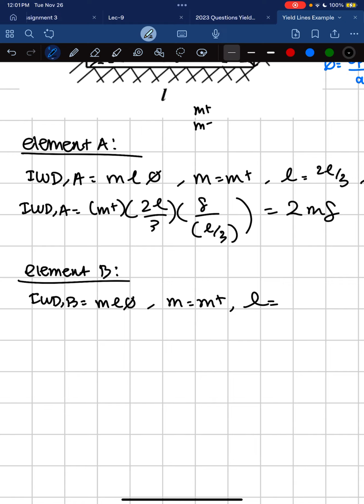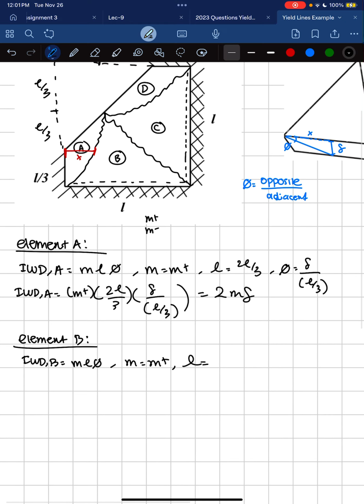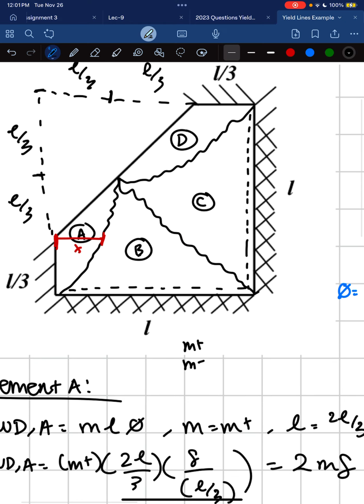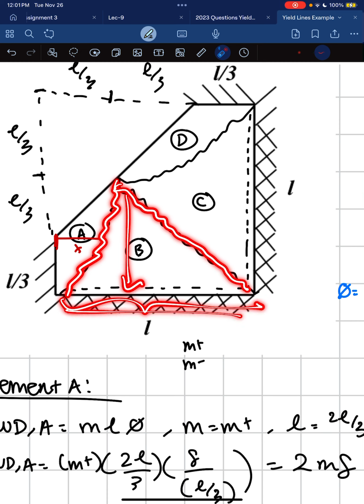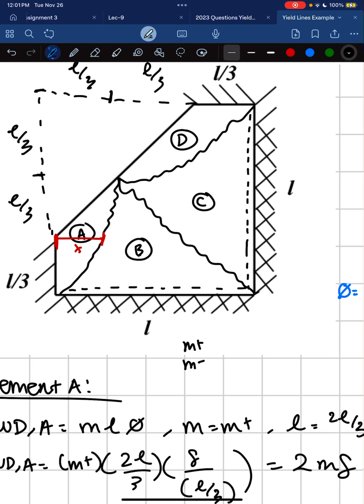For this case, L, your projected length onto the axis of rotation: these are the yield lines for that region, and if we project it onto this axis, we see that it covers the entire length here, which is L. So it would just be L.